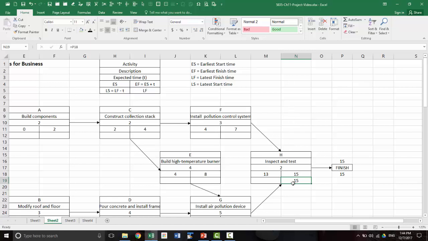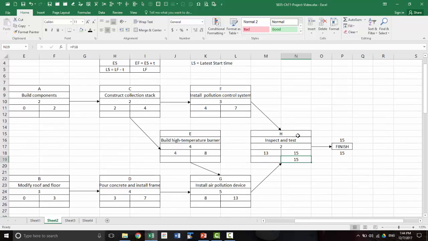Then take the finish time, subtract the activity time, and that gives us the latest start time.